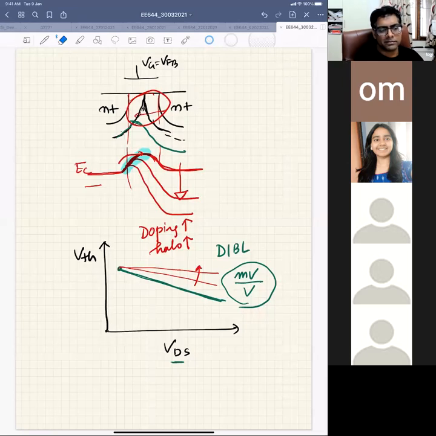Sir, one more thing: suppose we are designing in 180 nanometer technology, at what gate length will the short channel effect start? Experimentally, short channel effects may start at 180 nanometer itself, right? The best way to look at it is to plot the threshold voltage for all transistors as a function of L, VTH as a function of L. You could see a roll off.